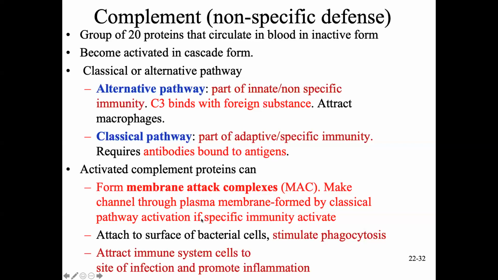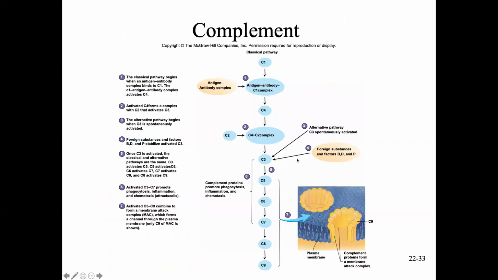So let's talk about at the very end, what is accomplished when you do activate complement. There's 20 of these proteins floating around inactive, and now we're gonna activate complement. One of the main purposes in activating complement is to somehow fuse all these different proteins together to form something called the membrane attack complex.